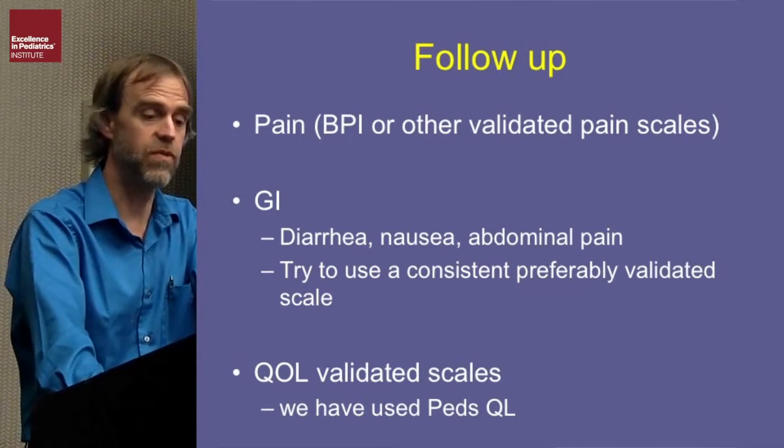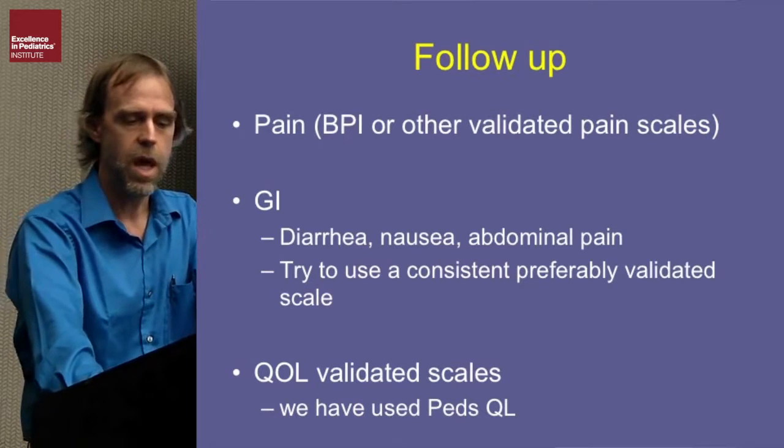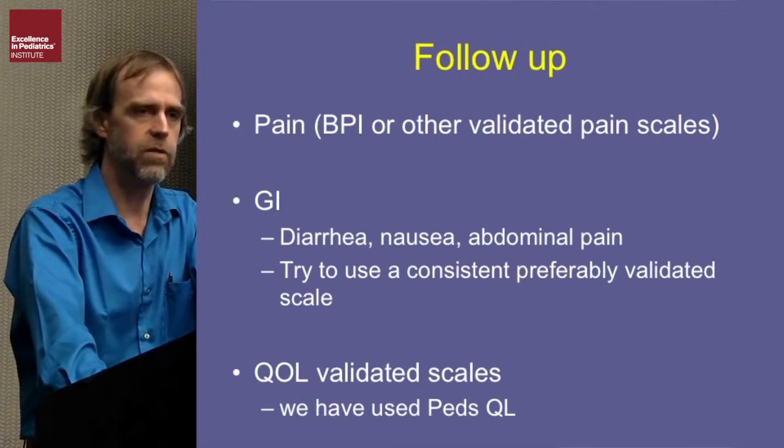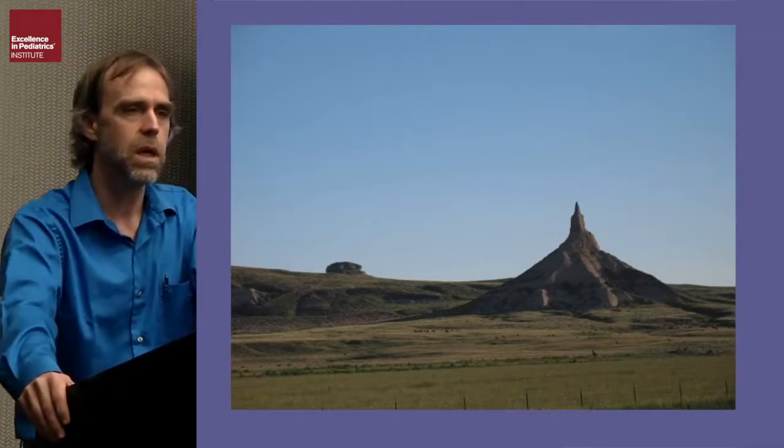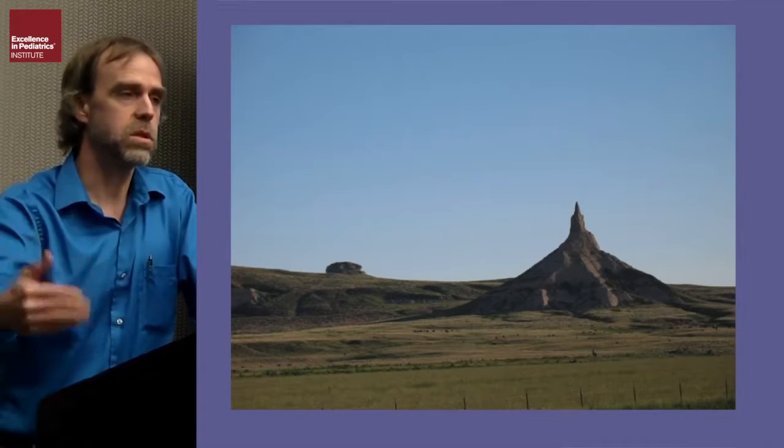Again, use of a validated scale is preferred, and I also like to use quality of life scales to monitor my patients. And with this approach, you can generally improve the outcomes for the patients, although, again, we do not have a cure for Fabry disease at this time.